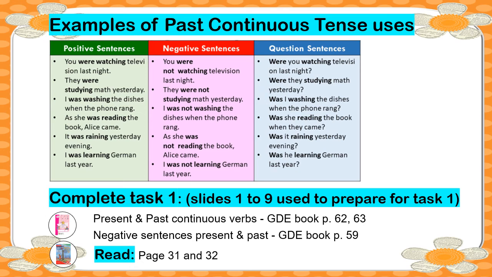In your pink GDE book, there's an activity for the present and past continuous verbs on page 62 and 63, and then as well negative sentences of the past and the present on page 59. I would also then like you to read page 31 and 32. Guys, it's really important that you continue reading every single day. That should pretty much take you about 10 minutes maximum.